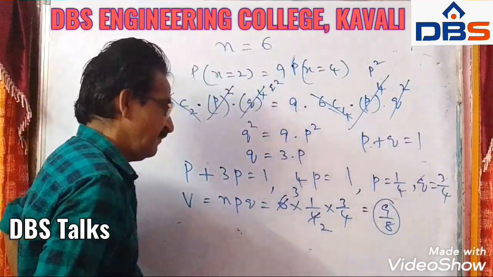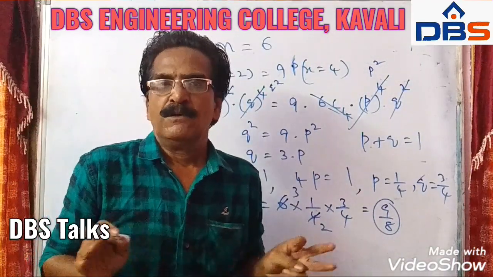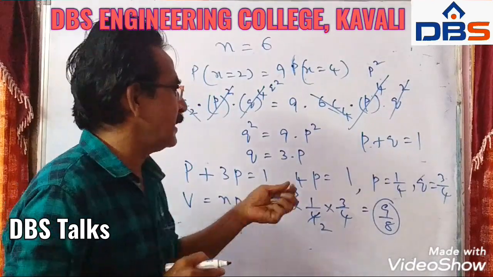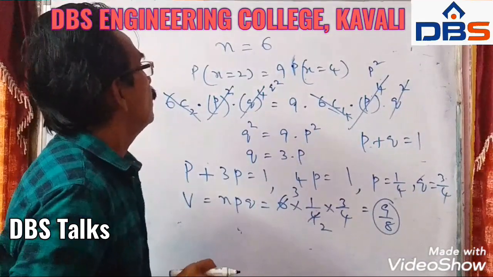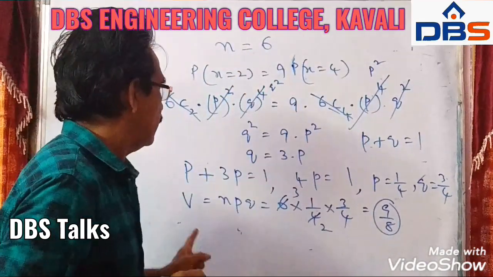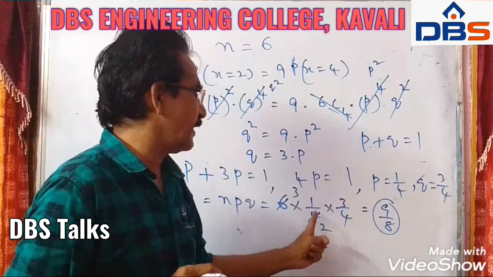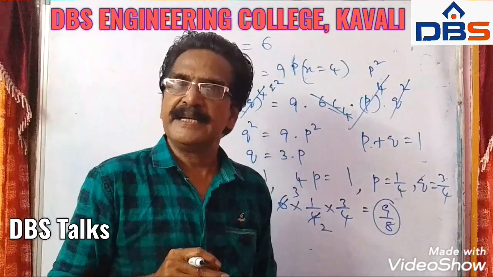This is the variance, npq is equal to 9 by 8. Okay friends, so this is the second problem. We got p, we got q, and we have n, and by multiplying these three things, we got variance that is 9 by 8.